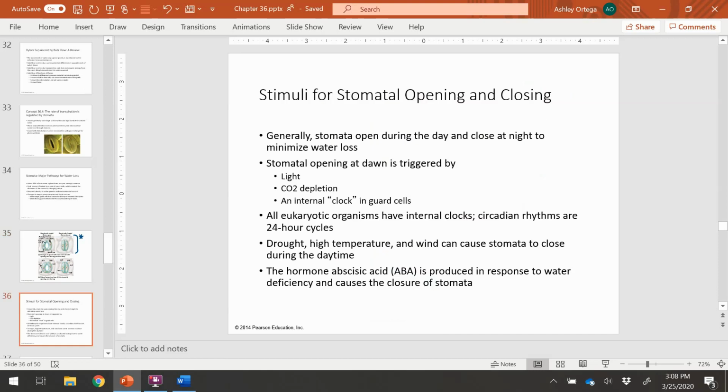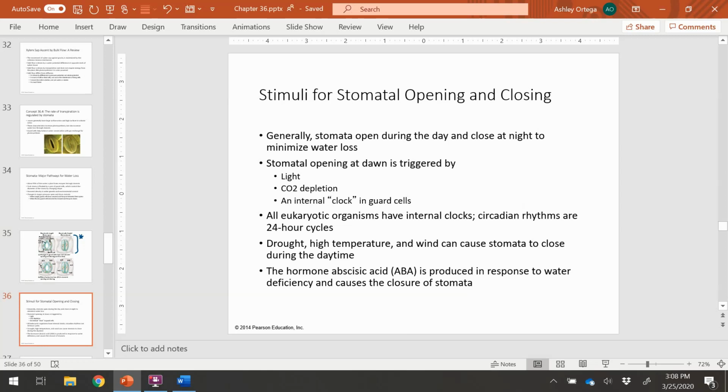Other things I want you to know about stomata: they are usually open during the day and closed at night to minimize water loss. And they are triggered by several things to open: the presence of light, and the amount of carbon dioxide being depleted, as overnight generally carbon dioxide gets fixed in the second stage of photosynthesis to make sugar. And so the CO2 depletion level is also what triggers the stomata to open.